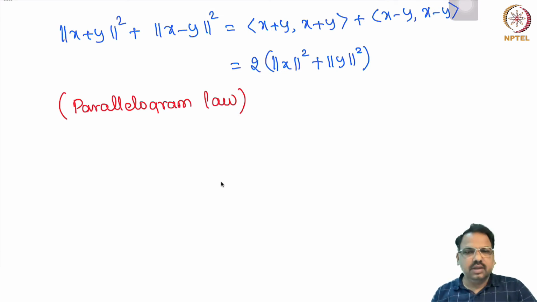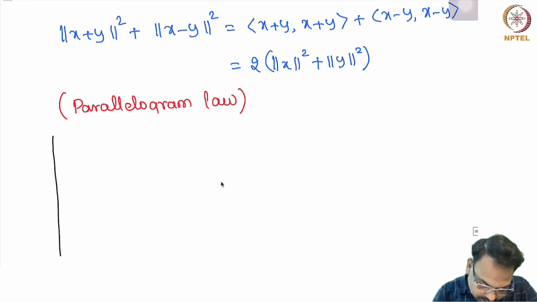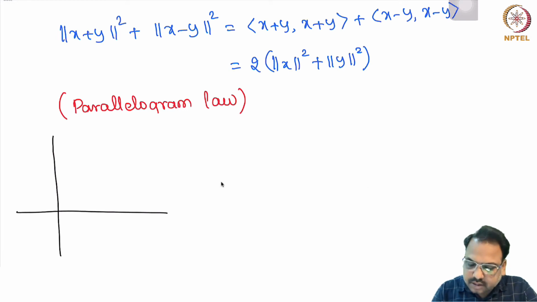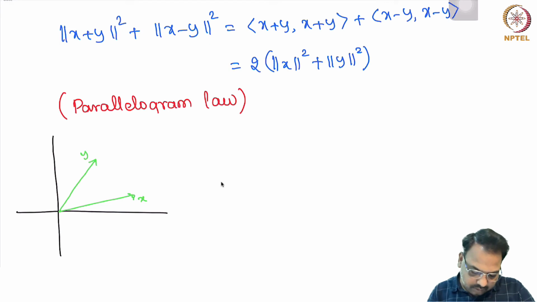This law is an exact generalization of the parallelogram law that we study from Euclidean geometry. Let us look at the parallelogram in the Euclidean space. Take two vectors X and Y. Look at the parallelogram.